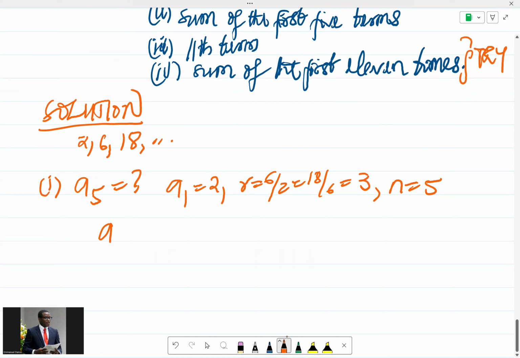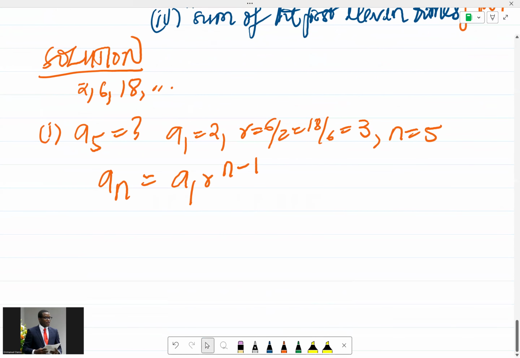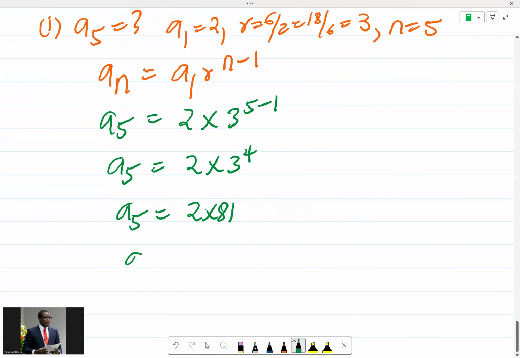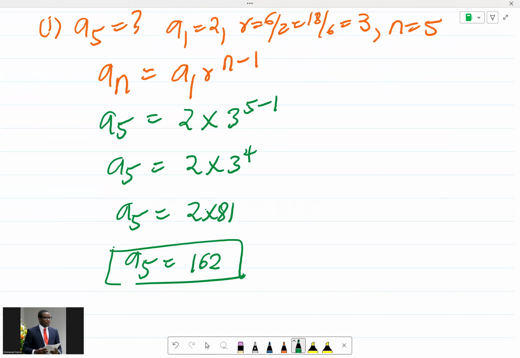And we know that an is given as a1 r raised to power n minus 1. So a5 is equal to 2 times 3 raised to power 5 minus 1, which is 2 times 3 raised to power 4. So a5 is equal to 2 times 81, which is 162.